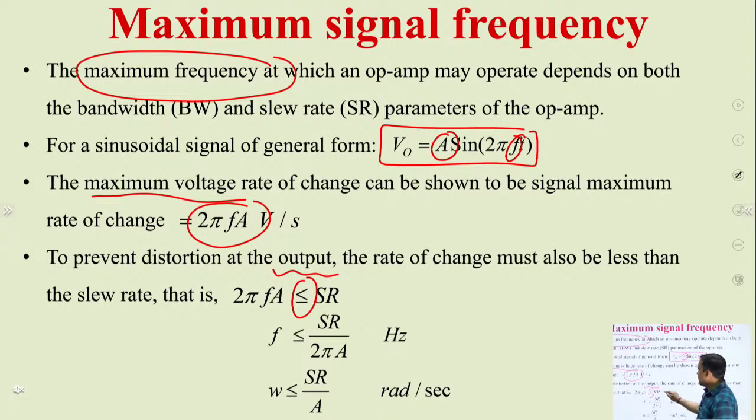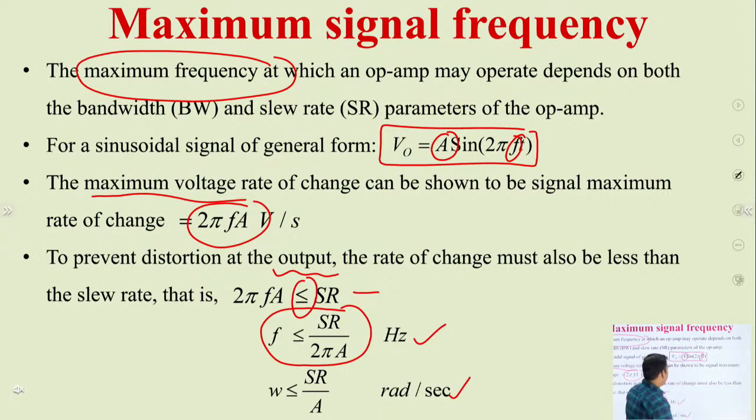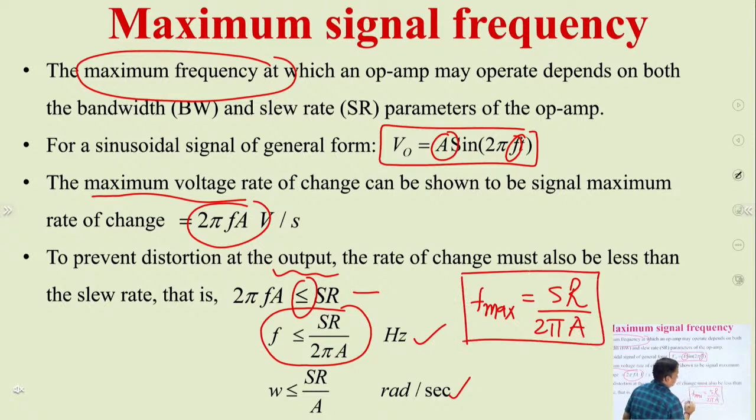With this relationship, we can calculate the frequency. f must be less than or equal to slew rate divided by 2 pi A. The unit is hertz, whereas in terms of omega, we get slew rate divided by A. So the maximum frequency, f max, equals slew rate divided by 2 pi A.